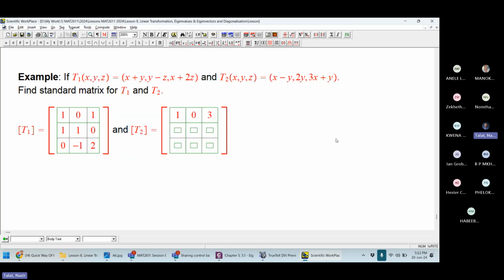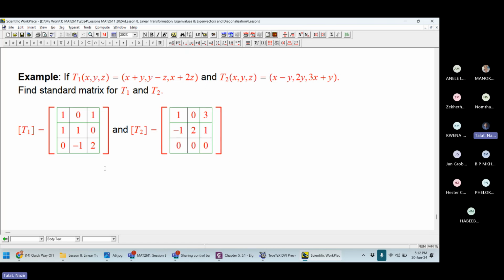Secondly, we need to put 010, which gives us -1, 2, and 1. And last put 001. Then if you put 001 over here, it gives us 0, 0, 0, because there is no z over here.